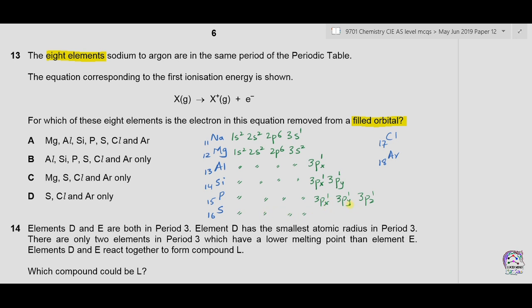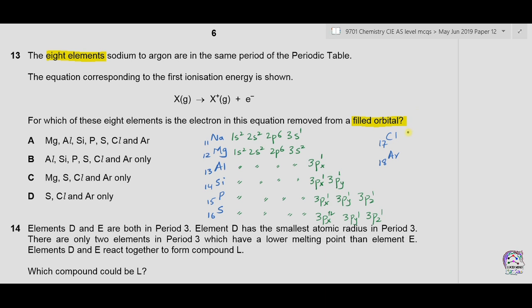For sulfur, as the next electron comes in the pair form, so 3px, there will be 2 electrons, 3py, 1 electron, 3pz, 1 electron.